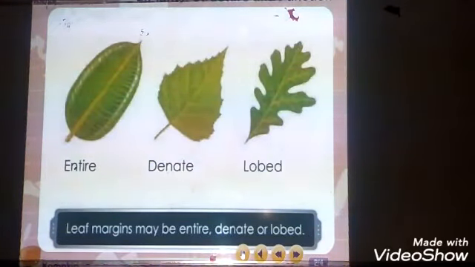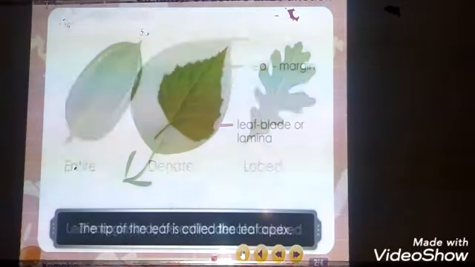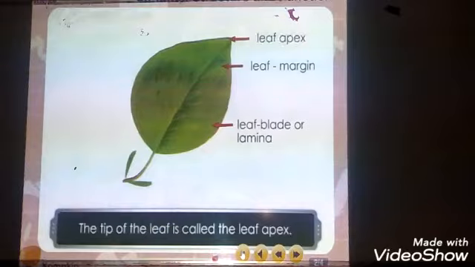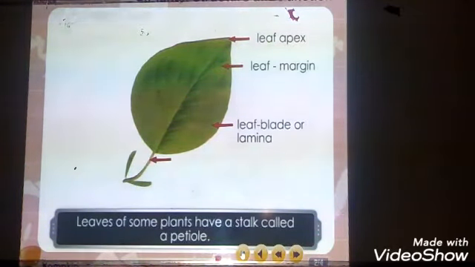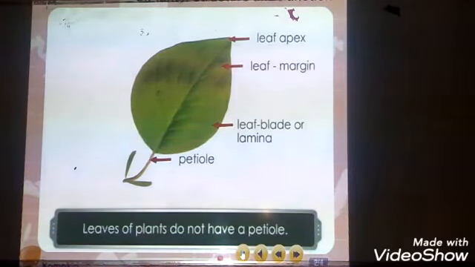The leaf margin may be entire, dentate or lobed. The tip of the leaf is called the leaf apex. It may be tapering, pointed or rounded. Leaves of some plants have a stalk called a petiole. Leaves of some plants do not have a petiole.